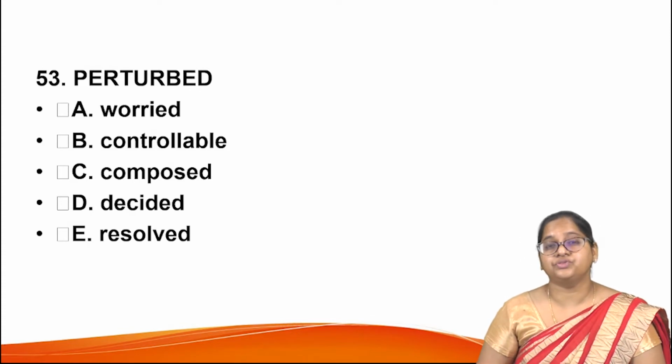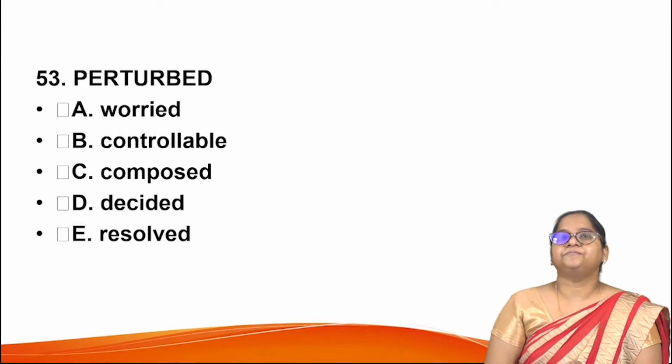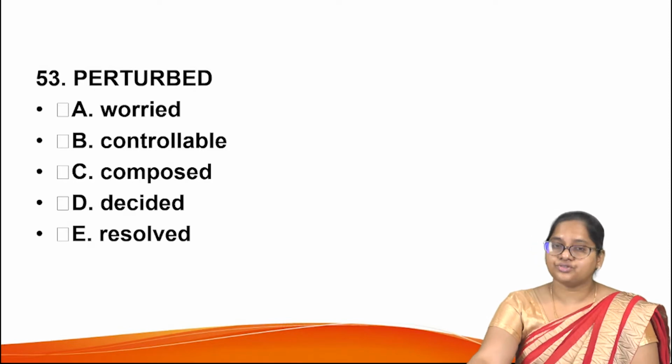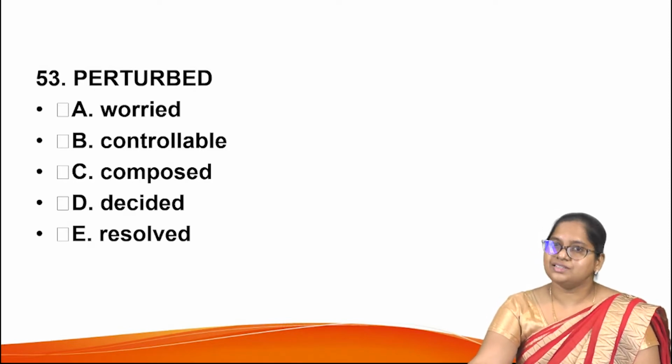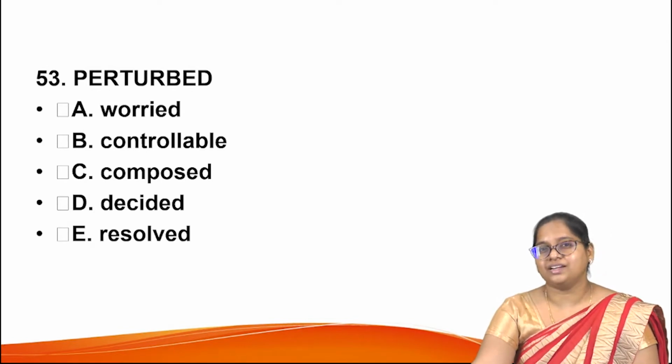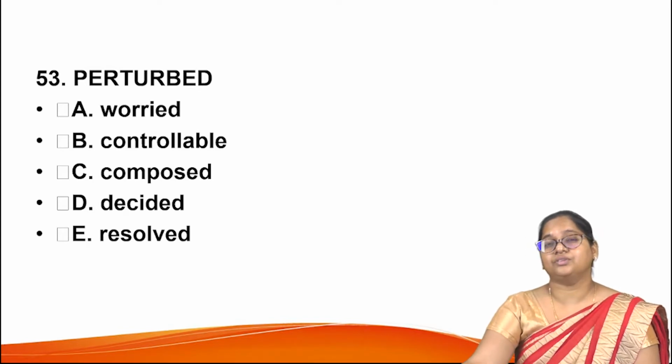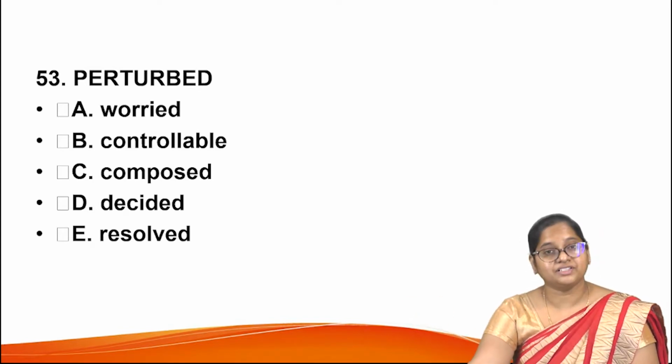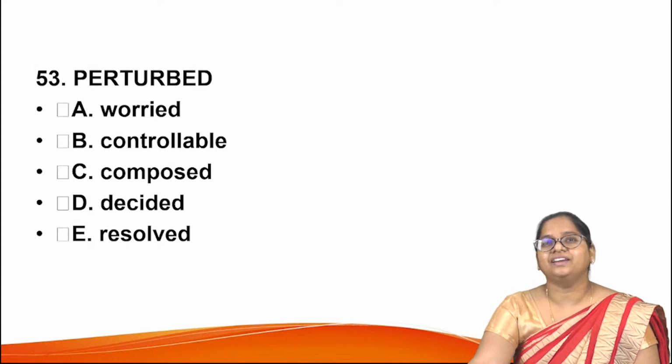I feel composed could be the right answer because controllable is something controlled and balanced, whereas when you say composed, it's not only that you are able to balance and control, but you're adding another level of explanation: you remain calm and quiet, silent.